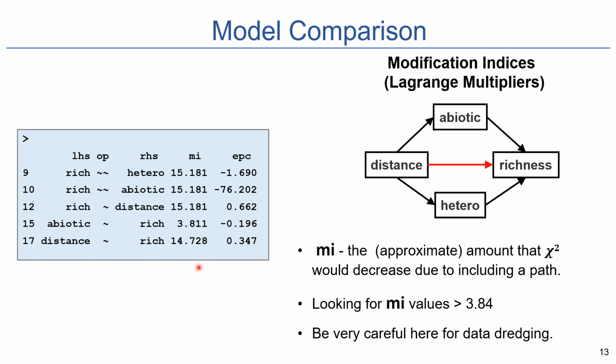And logically, we can understand that the number of plant species on a plot cannot cause the distance of the plot to the coast. So that's why, of course, we decide to have the effect of distance on richness and not vice versa. So now we can take this model and check if it changes the fit of our model.